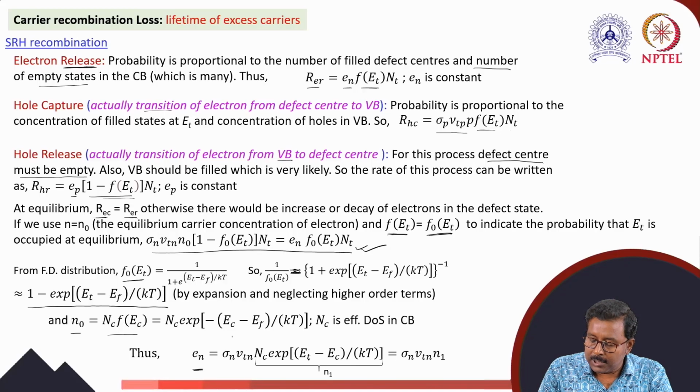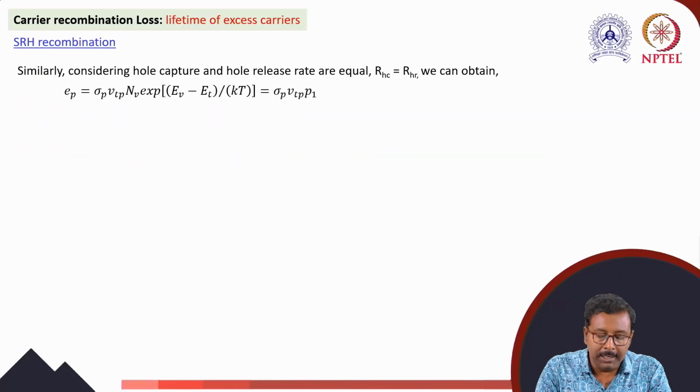NC exponential of Et minus EC by kT can be approximated as N1 for simplicity. So this will become sigma n, Vtn. Similarly, considering that the hole capture and hole release rates are equal, you can finally reach the expression. You can try to solve this; all the steps are given and you can check. So EP will come to this value.